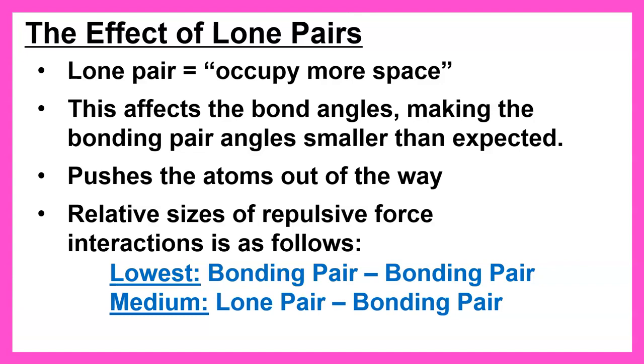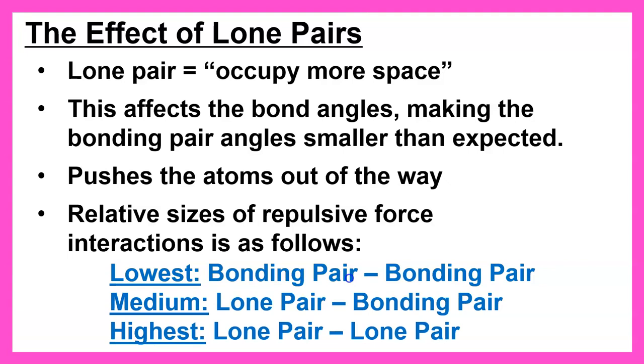If you add a lone pair to the center atom, it's going to have a little more repulsion to those bonded pairs. You get distorted a little bit. Something like NH3 has a lone pair on top, you get a little bit squished on your bond angles. If you have more than one lone pair, you're going to get a lot more repulsion. Something like water. It's bent and those hydrogens get pushed way down.